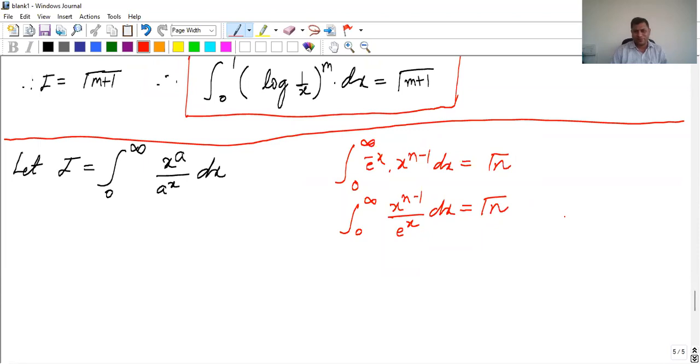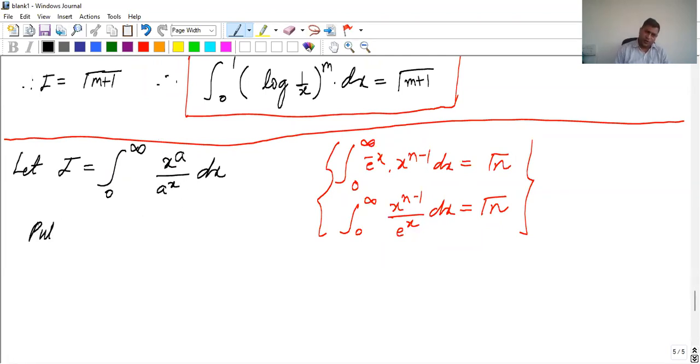Is that okay? Yes. If you know the definition, then this integral can be solved easily. So compare these two integrals: how are we able to convert this integral to gamma? The hint is the denominator. The denominator should be the exponential term.